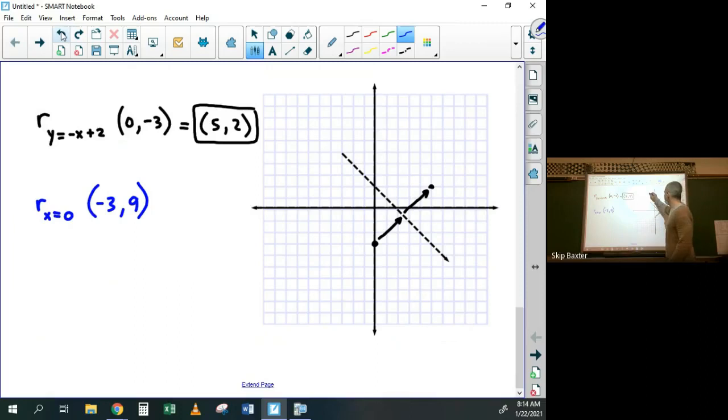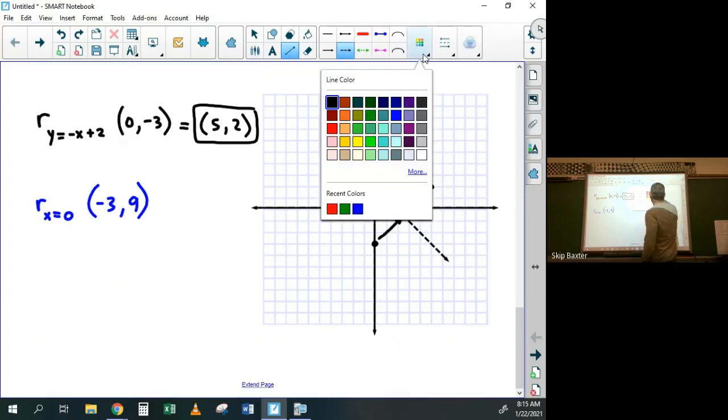So -3, 9 is here. What does the line x equals 0 look like? Vertical line passing through the x-axis at 0. So it's really the y-axis, right? X equals 0 is the y-axis. So graph that, y-axis, the dotted line.